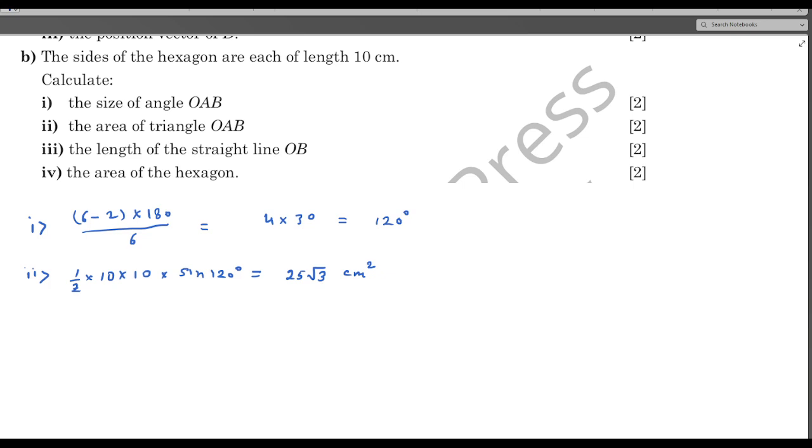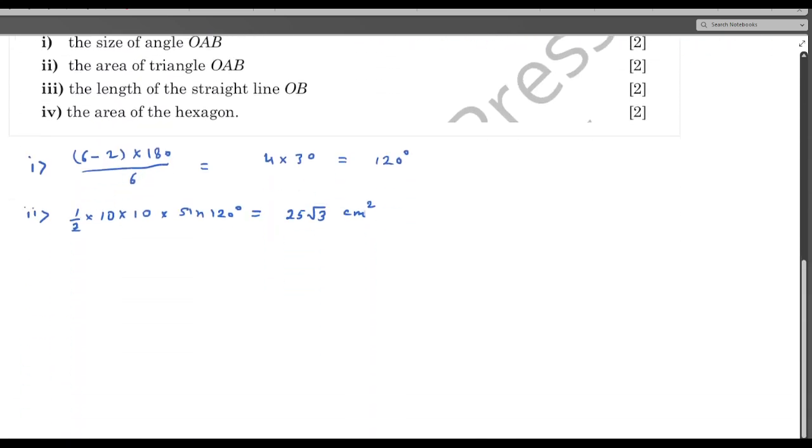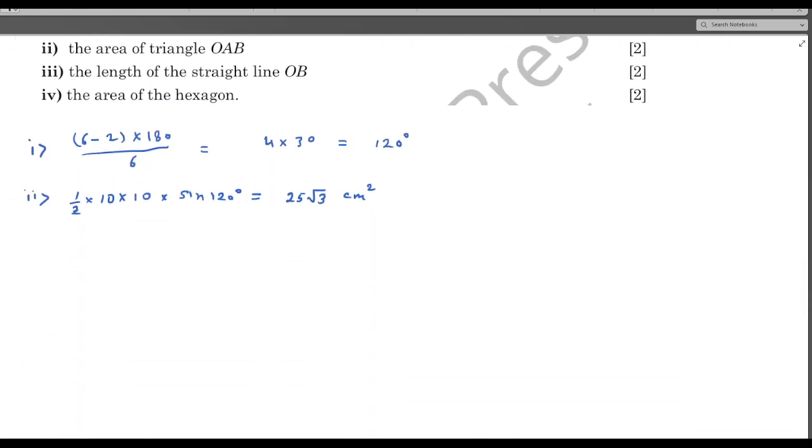The area of the triangle. The length of a straight line OB. Now OB length we can find out using cosine rule. So your OB, third problem, your OB length will be equal to square root of 10 square plus 10 square minus 2 times 10 times 10 times cos of 120 degrees.